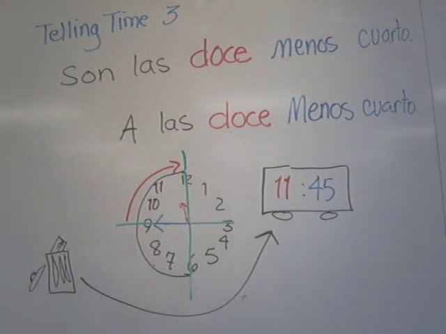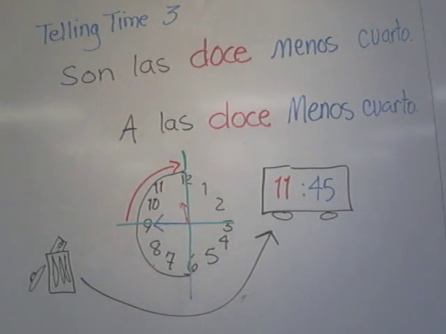However, if they're using an analog clock, which is on the left there, they will probably say, faltan 15 para las 12, that is, there is lacking 15 to 12, or they might say son las doce menos cuarto, literally it's 12 minus a fourth of an hour. But most of you can use son las 11:45 and stay with your digital watch if you want to.